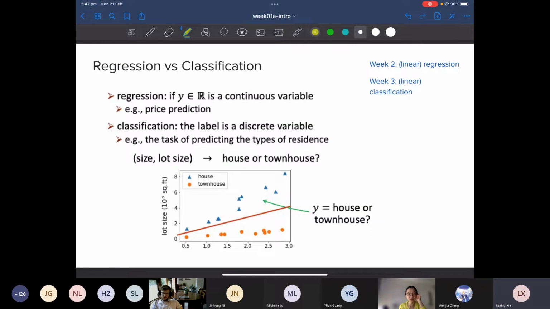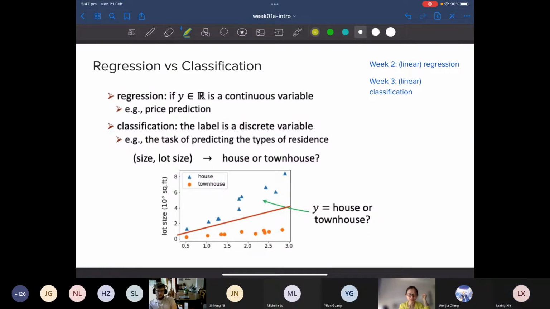And you want to learn either, say, a separate line for house price and a separate line for townhouse price, which makes sense. Or maybe you want to learn a best separation between these two classes, so that a new property comes in, you can see which side of the boundary falls, and whether it is a townhouse but it's priced more like a house, or featured more like a house. Maybe that's miscalibrated.